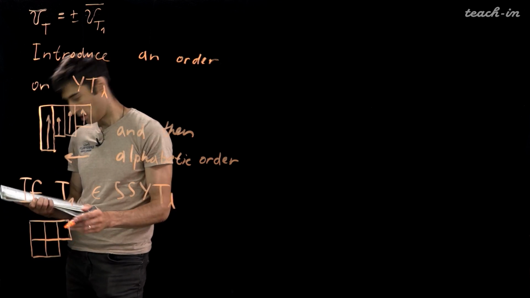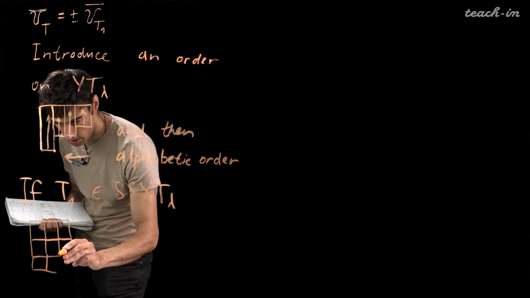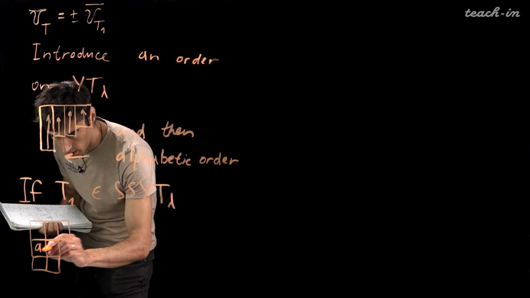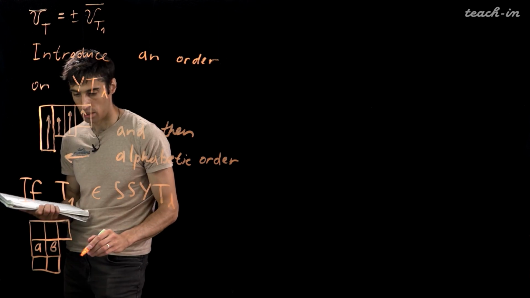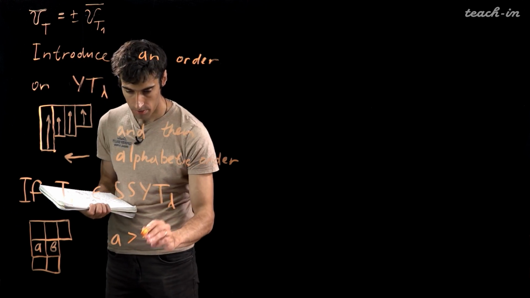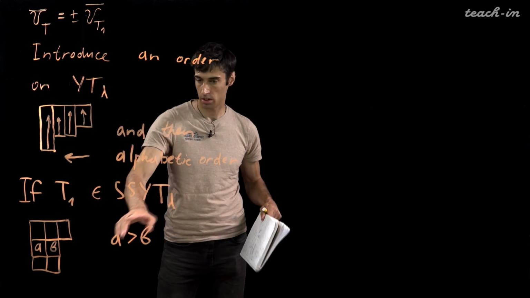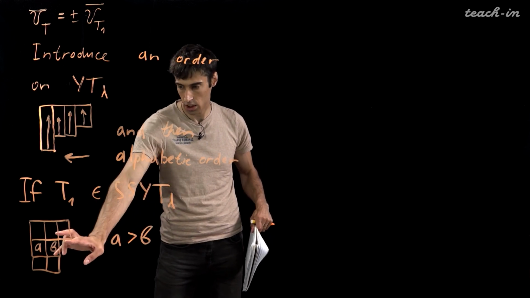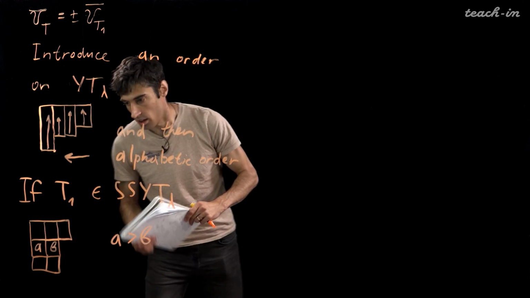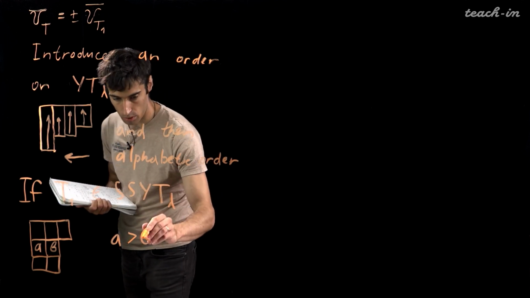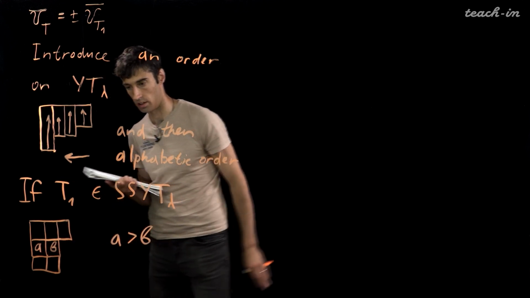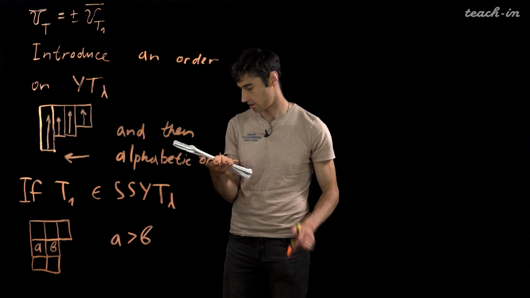What's important is that in some row I have two elements, A and B, such that A is greater than B. This means that T1 is not a semi-standard Young tableau, because I have a not increasing filling of my boxes.